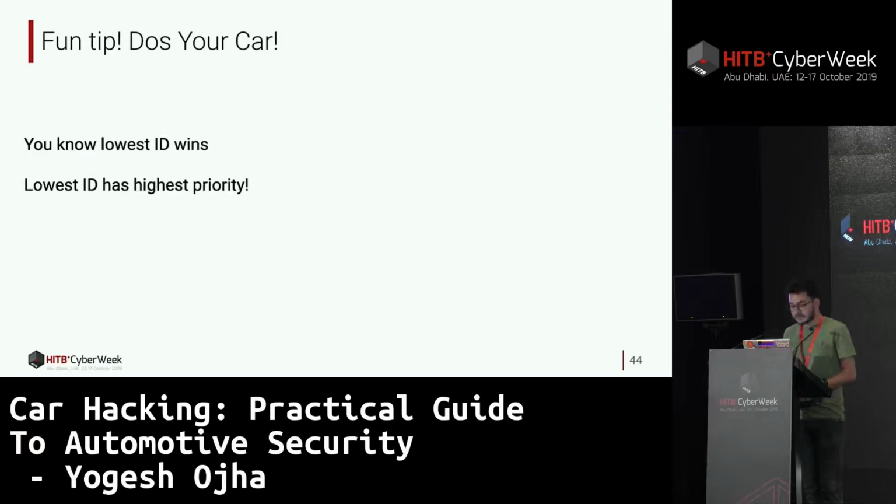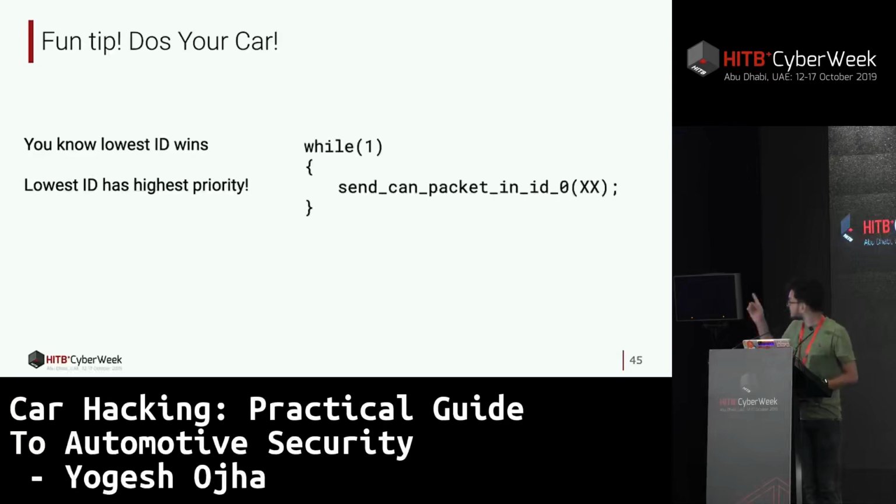So what exactly is going to happen is, if you see this packet, while 1, if it is true, sending the packet to ID 0, that's going to DoS your car. ID 0 is probably for critical things like ABS and braking systems, so 0 is always going to be the highest priority. If you send a continuous packet to the 0 ID, it's going to DoS your car. This is the fun tip.